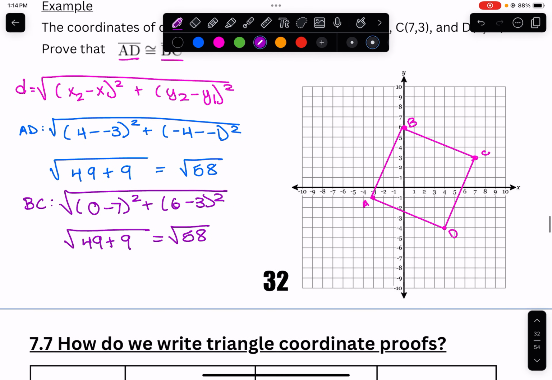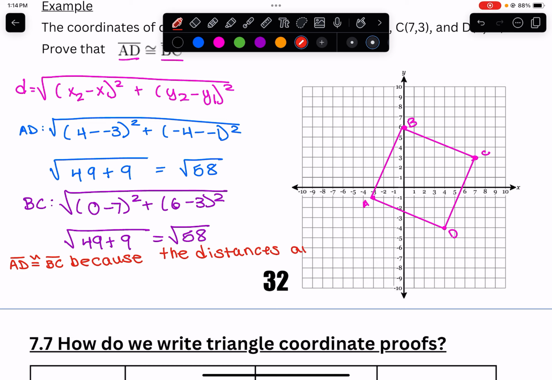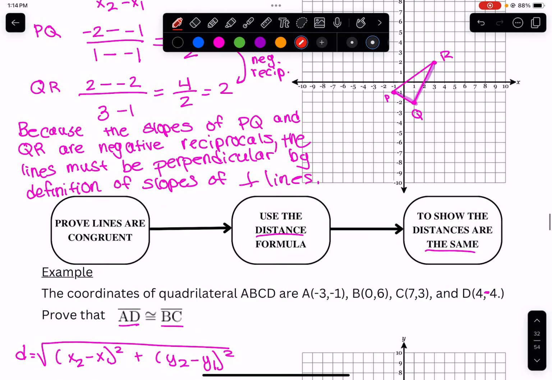So now I can say, and I'm running out of room, AD is congruent to BC because the distances are the same. So this is just a brief preview of how we're going to be writing our proofs for this unit.